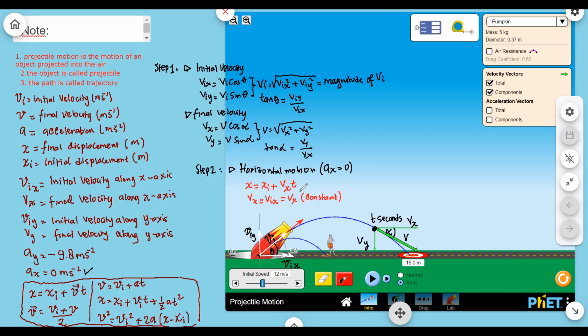Now you can change Vx becomes Vix. So there are two formulas there. Then x equals xi plus Vix times t. We can also simplify: x equals xi plus Vix, which is Vi cos theta, times t.